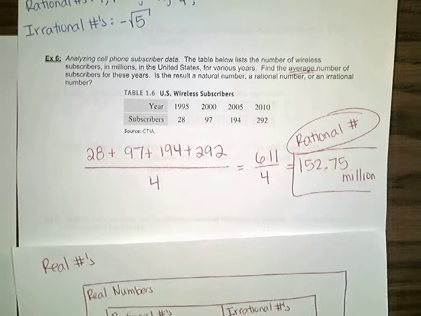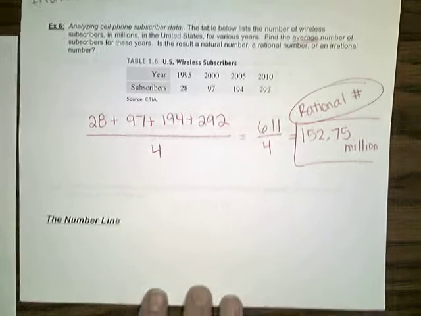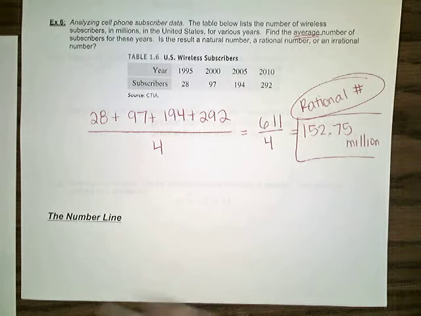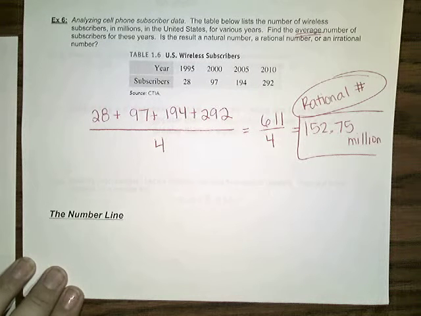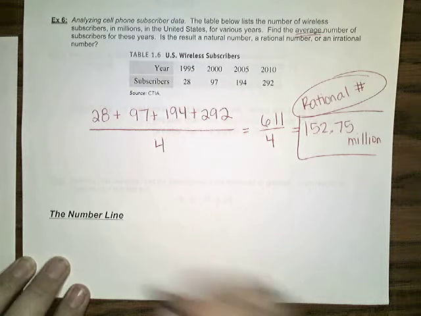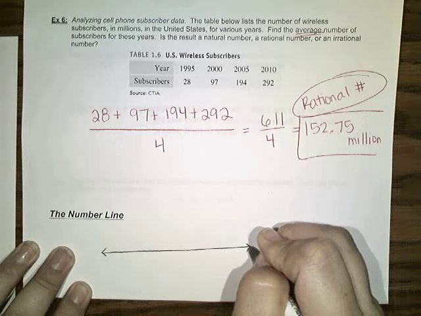Now that we've learned about all of these different kinds of numbers, natural numbers, real numbers, whole numbers, integers, rational numbers, and irrational numbers, we can talk about the number line. So a number line is, you could sort of think of it as one-dimensional. It either moves left to right, up or down.